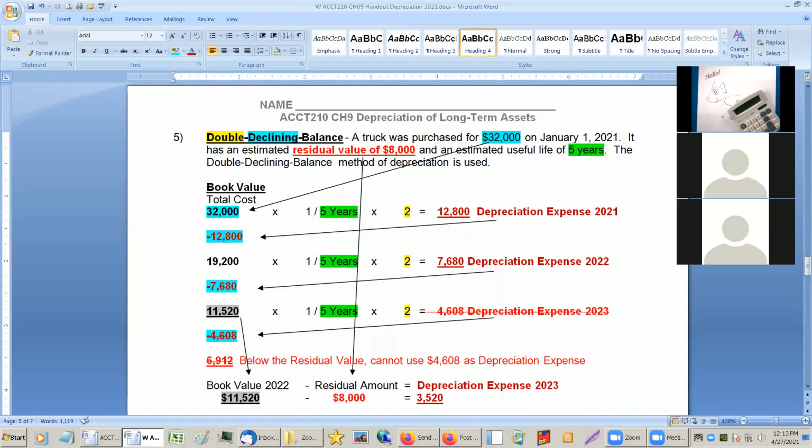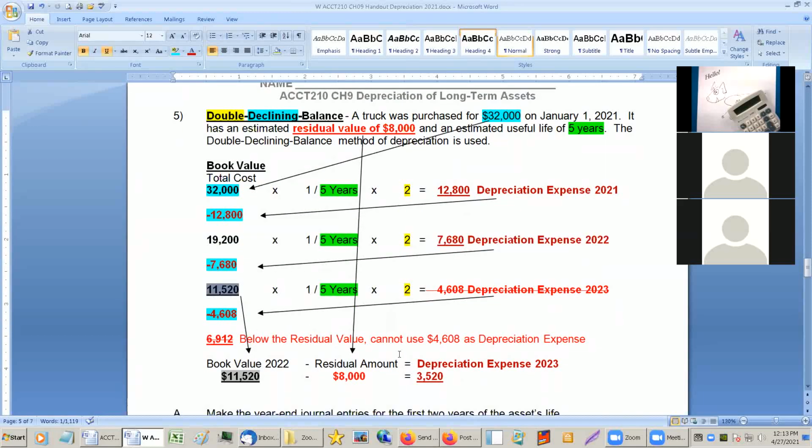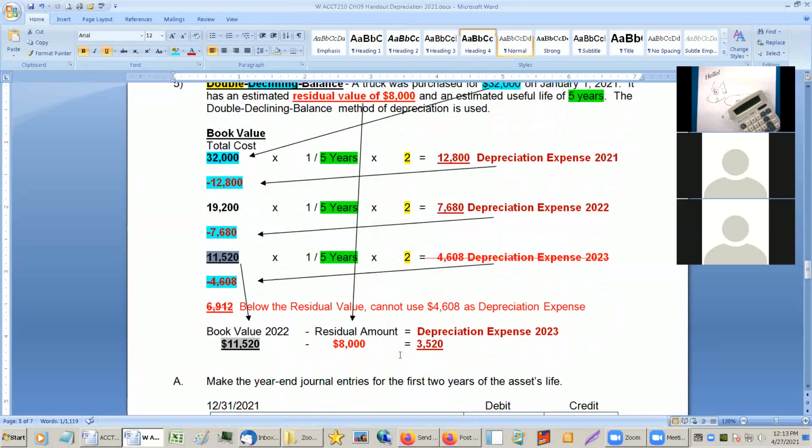You start with the total book value, the total cost. First year will be based on the total cost. And you start out with the book value, which is the total cost. And then you just keep going down, and the book value keeps declining. It can't go below the residual value. So then you end up with this kind of strange thing down here.